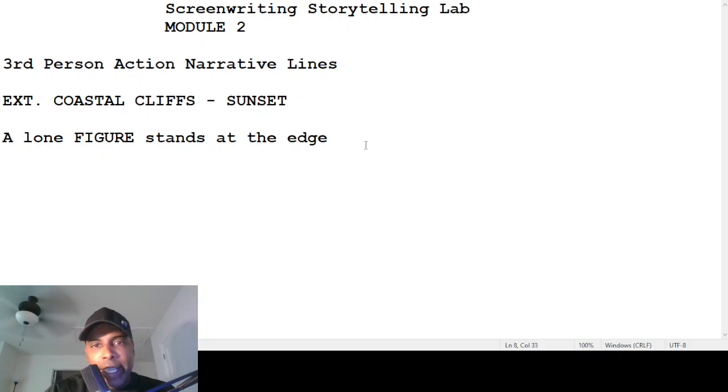We're at the edge, and we have a character, and we want a name. So we can say Vera, okay? Vera Vale, I guess it could be the name of this character. A woman in her 30s.